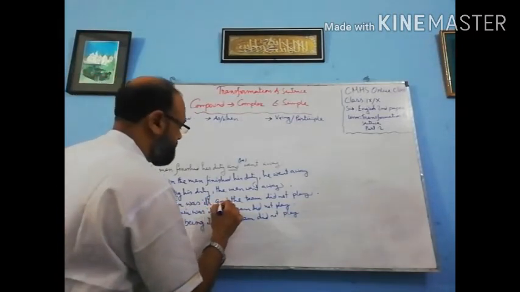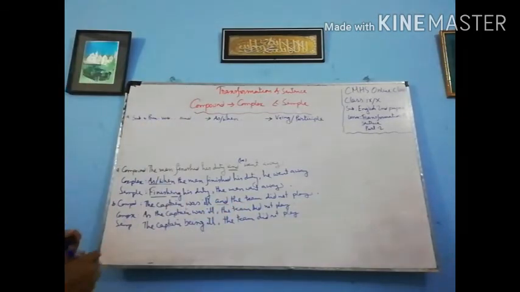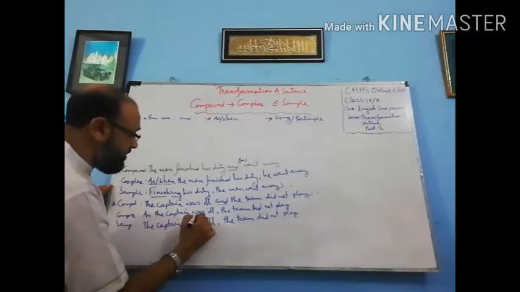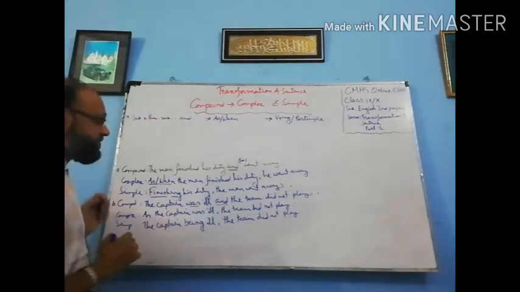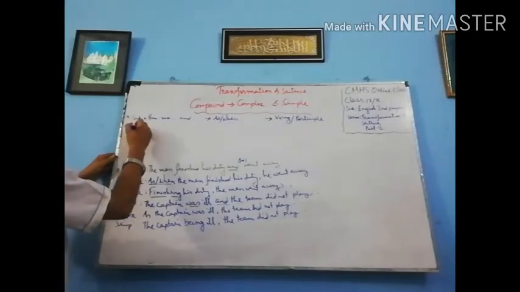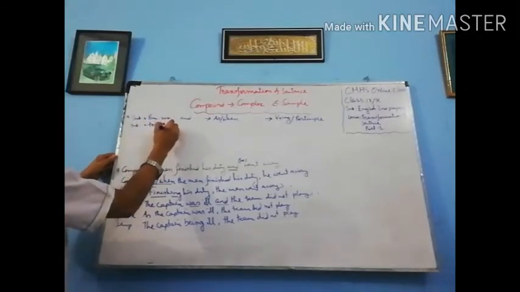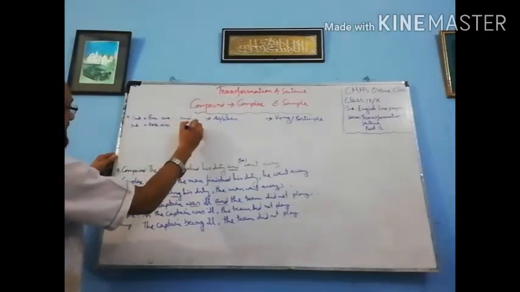This sentence is also a compound one using and. At the beginning of the sentence there is the to be verb was, the captain was ill. So subject plus auxiliary verb, the to be verb, and in the middle there is and.